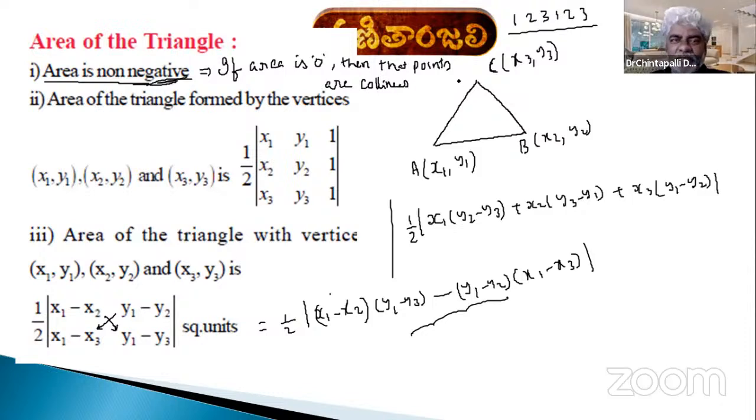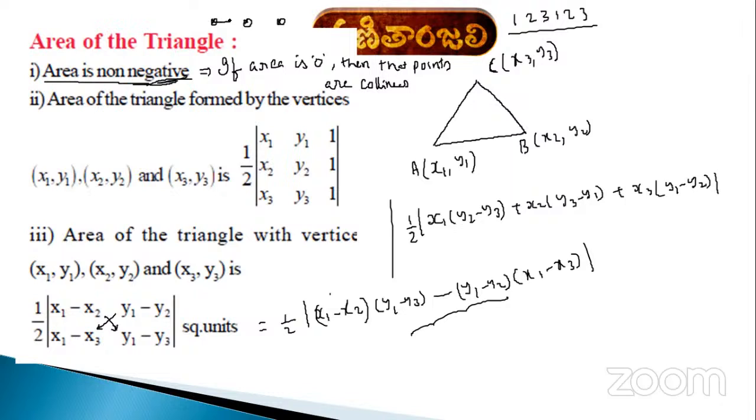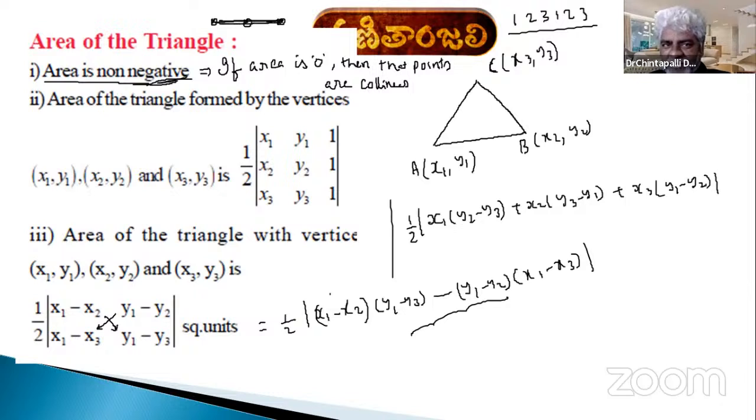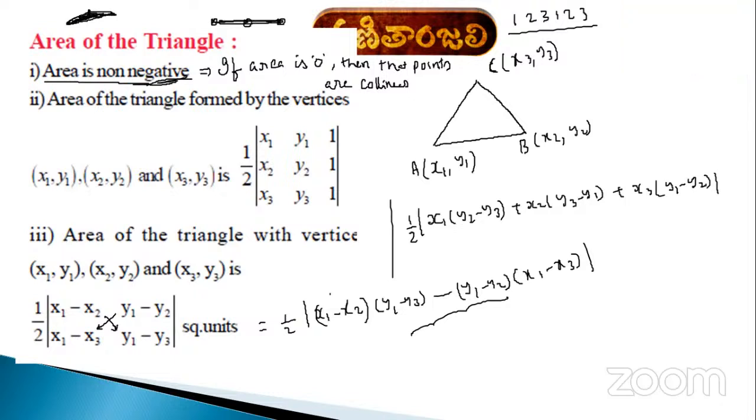If the given points are like this, then we cannot construct a triangle with these three points. It's a fact, right? Yes, sir. If the points are like this, at least one of the points is non-collinear, so it forms a triangle and we can find its area. If the three points are exactly collinear, lying on the same straight line, no triangle is formed. That's why its area is 0.